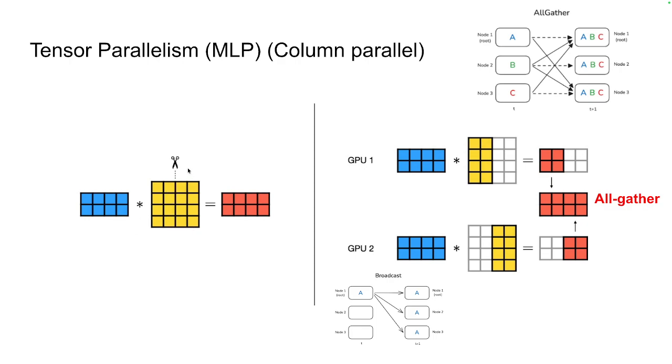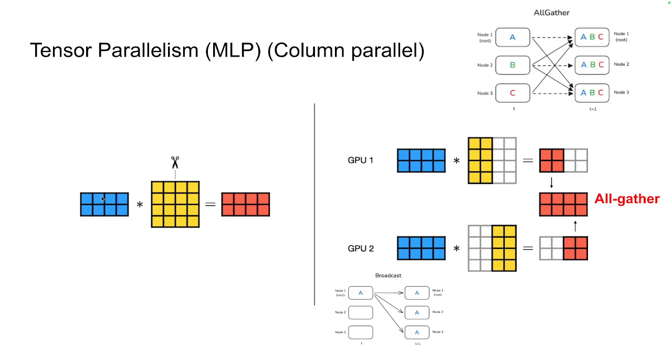In column parallelism, you take the weight and slice it along the column dimension, by half. Because we have two GPUs, on the first GPU you only have this, and on the second GPU you only have the latter part.